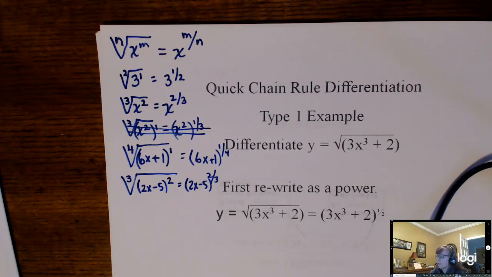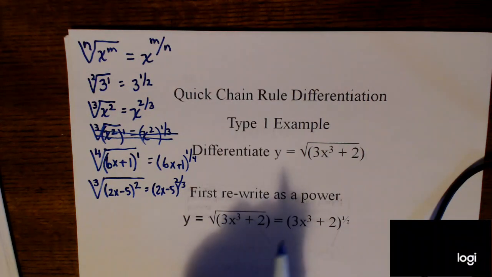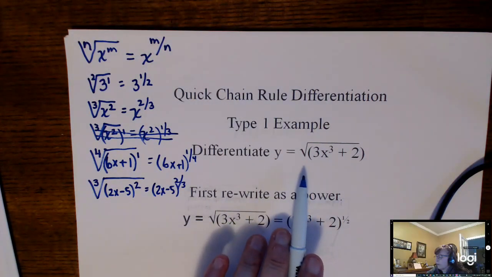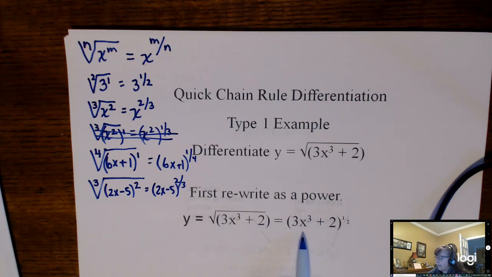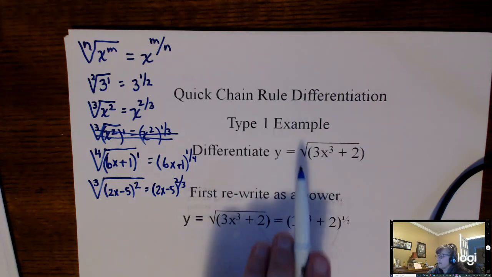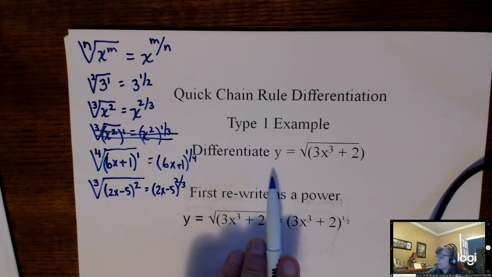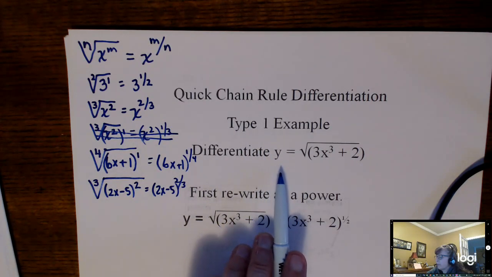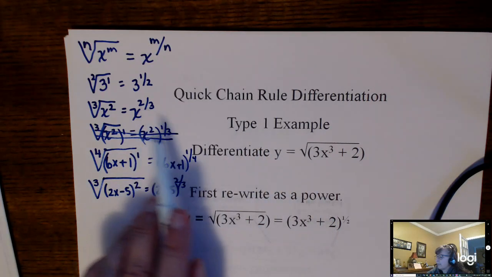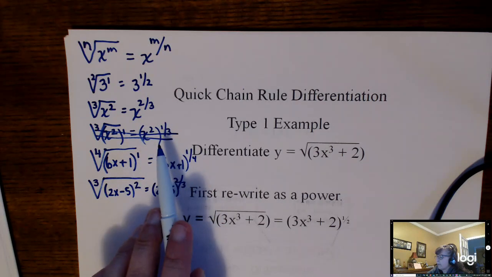Okay, so here is the chain rule. You're going to need to use the chain rule when you have more than one term added or subtracted to a power. But before we get there, I'm starting with an example with a square root. And as I said, you can't take the derivative of a square root.